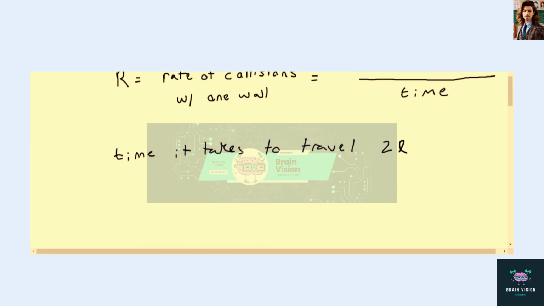Well, if we want to figure that out, we're going to need some sort of velocity, right? If you remember from mechanics, velocity is distance over time. So if we have the velocity and we have the distance, we can figure out the time it takes to travel that distance.